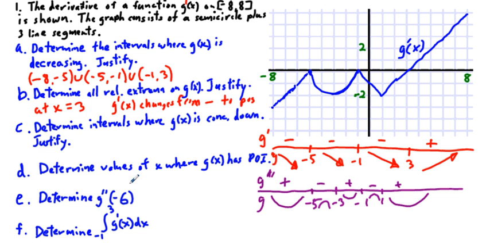So concave down would be simply -5, -3, union -1, 1. Determine values where g of x has a POI, point of inflection, which will be when concavity changes.